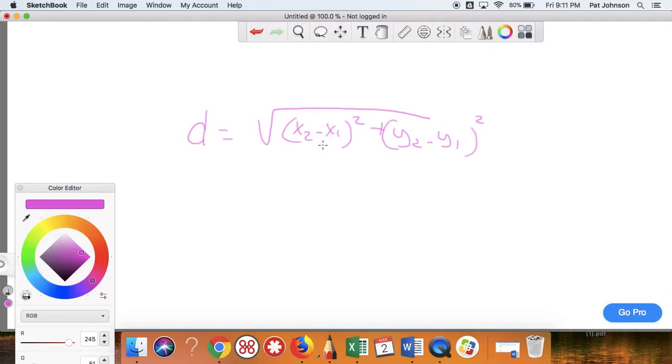Technically, it doesn't matter if you did x1 minus x2 here and y2 minus y1 there, because when you square it, it becomes positive whether the result was positive or negative. But just to keep straight so we don't confuse ourselves, and since slope is y2 minus y1, let's keep that same order.